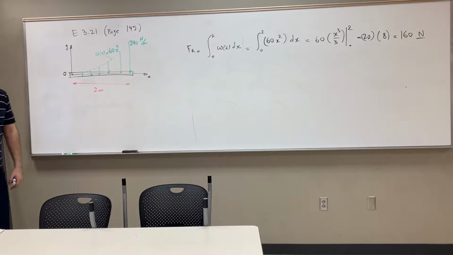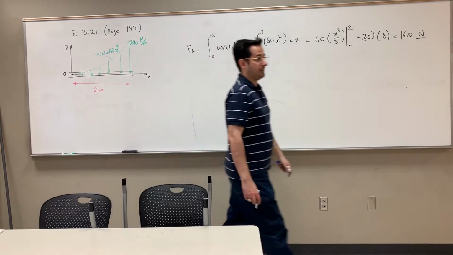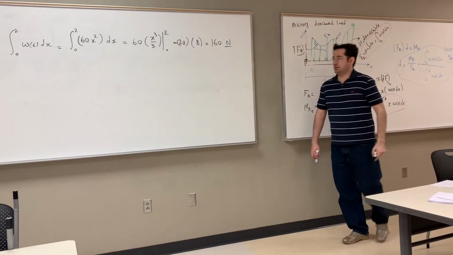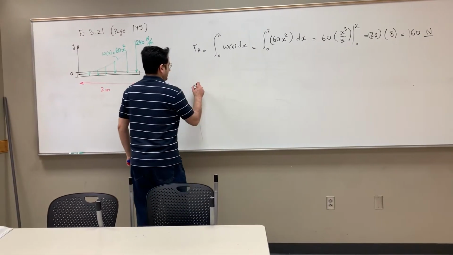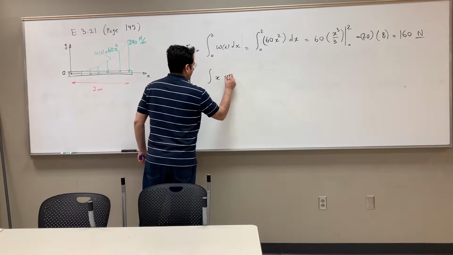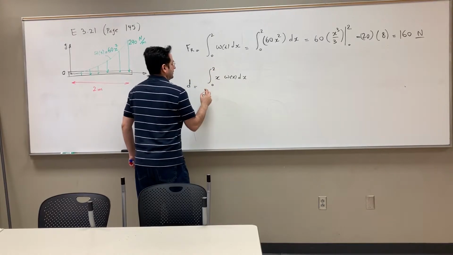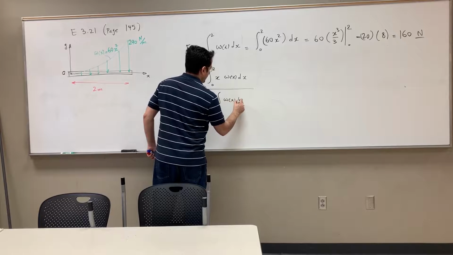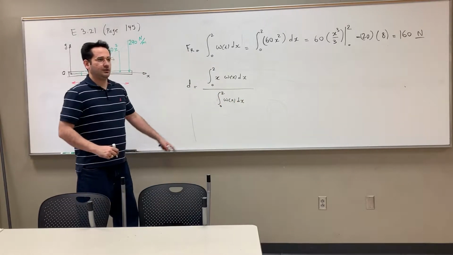Now, at what location does that force act? Now you use this formula, the distance. So d is equal to integral x omega x dx from 0 to 2 over integral omega x dx from 0 to 2.